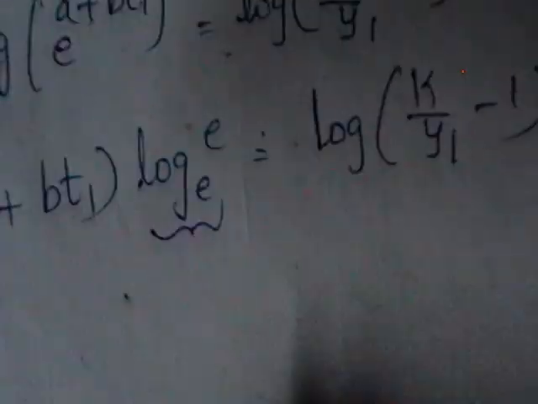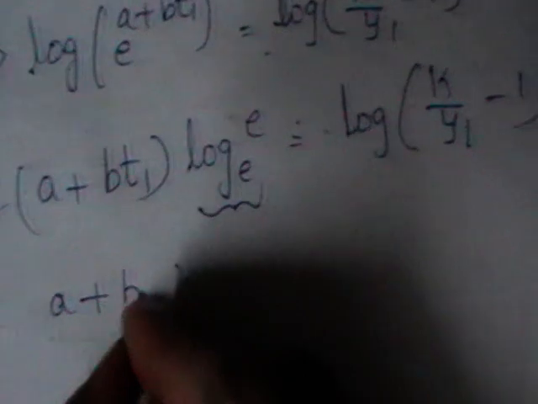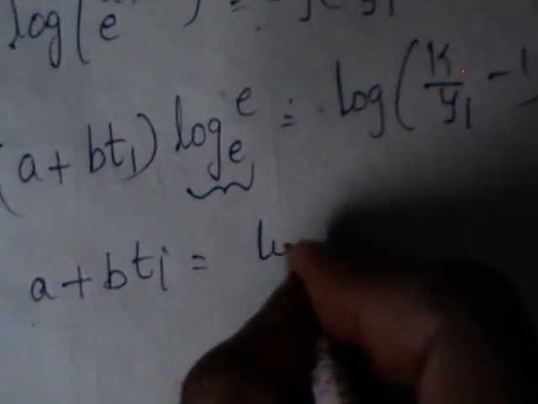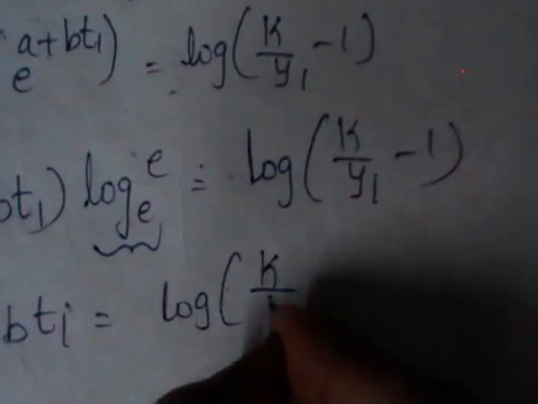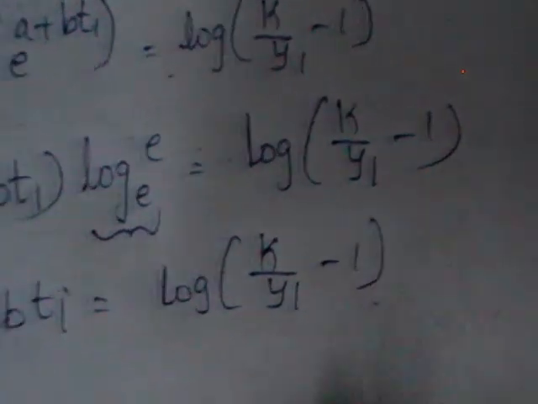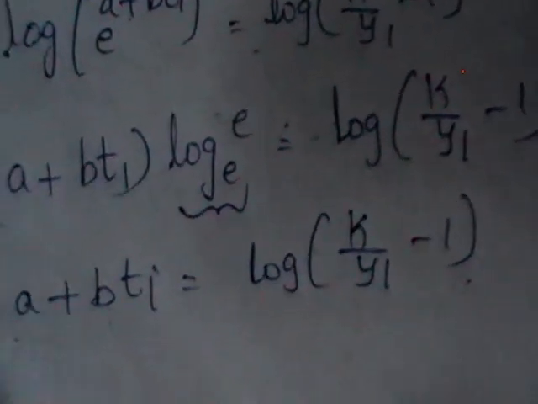This is 1 again. So you got a plus b t1 is equal to log of k by y1 minus 1.